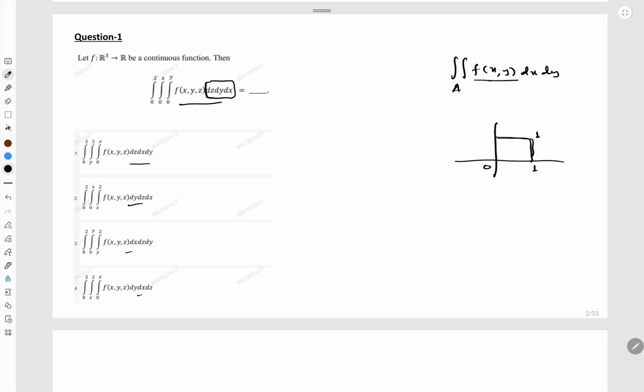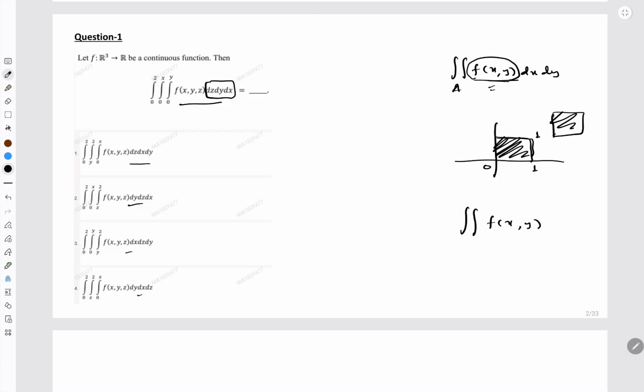If you integrate a function over this region, and if you integrate the same function over another region, will the value be the same? The value will not be the same. I mean, for some function it can be the same, but for all general functions it cannot be the same. So for the integration to be the same, the region that we are talking about should be the same.